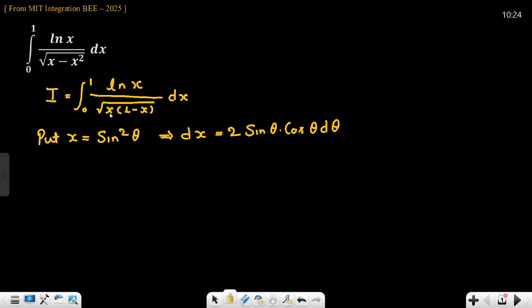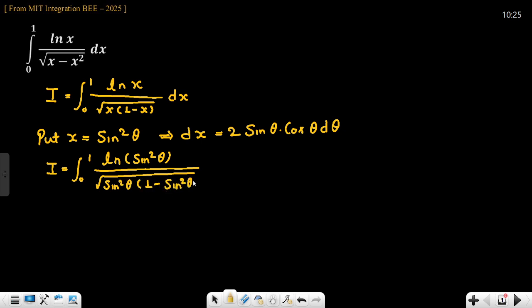Now we put this value in the integral, so I is equal to the integral from 0 to 1 of ln sine squared theta upon square root of sine squared theta times 1 minus sine squared theta, and dx is equal to 2 sine theta into cos theta d theta, right?